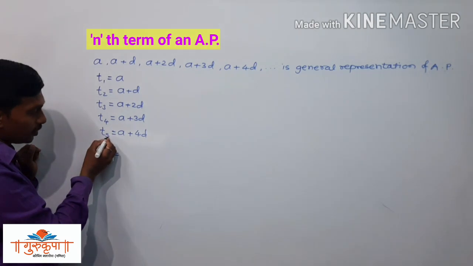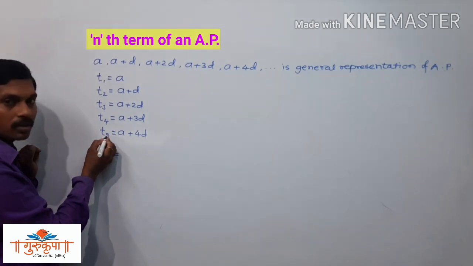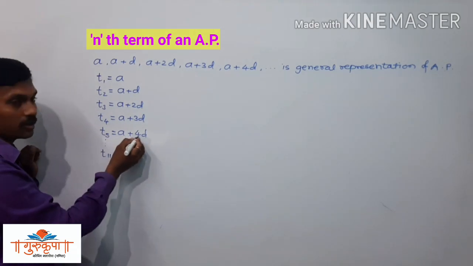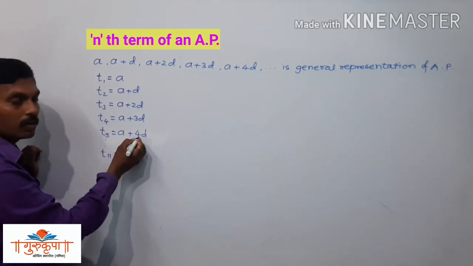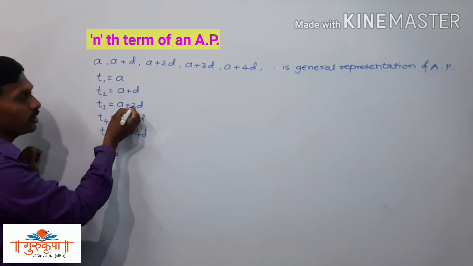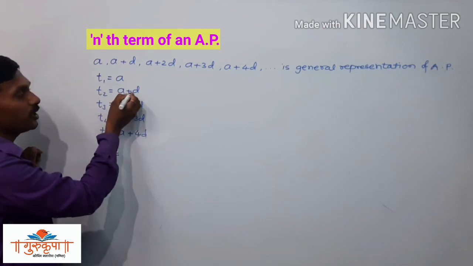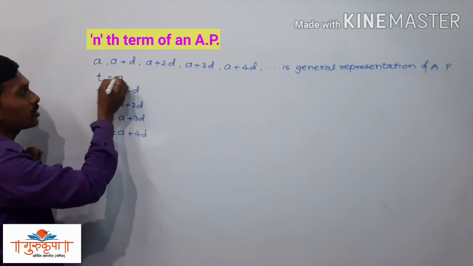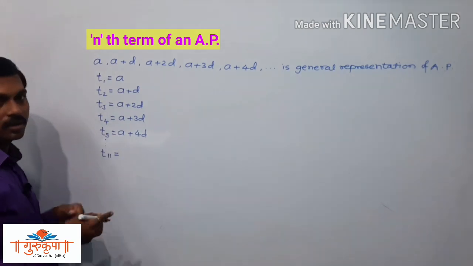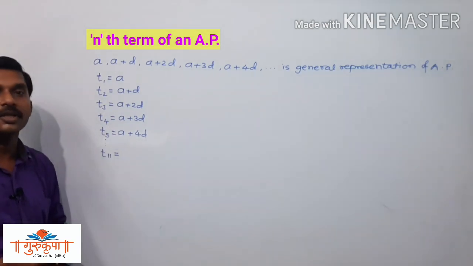Whatever the number of the term is, the number 1 less than that is here. It is 5 minus 1, it is 4. This is 4 minus 1, it is 3. Here 3 minus 1, it is 2. Here 2 minus 1, it is 1. And here 1 minus 1, it is 0d. Since it is not written there, a plus 0d, 0d is not written there.